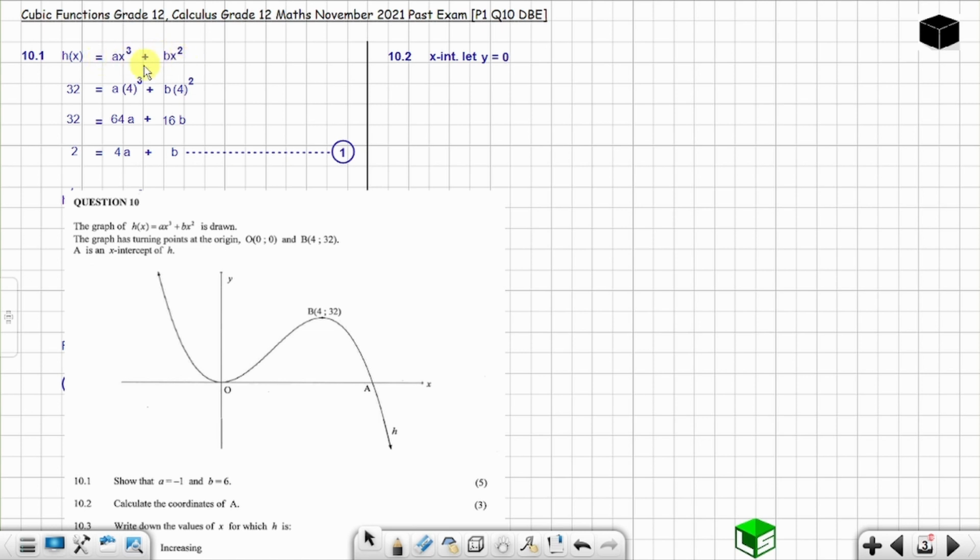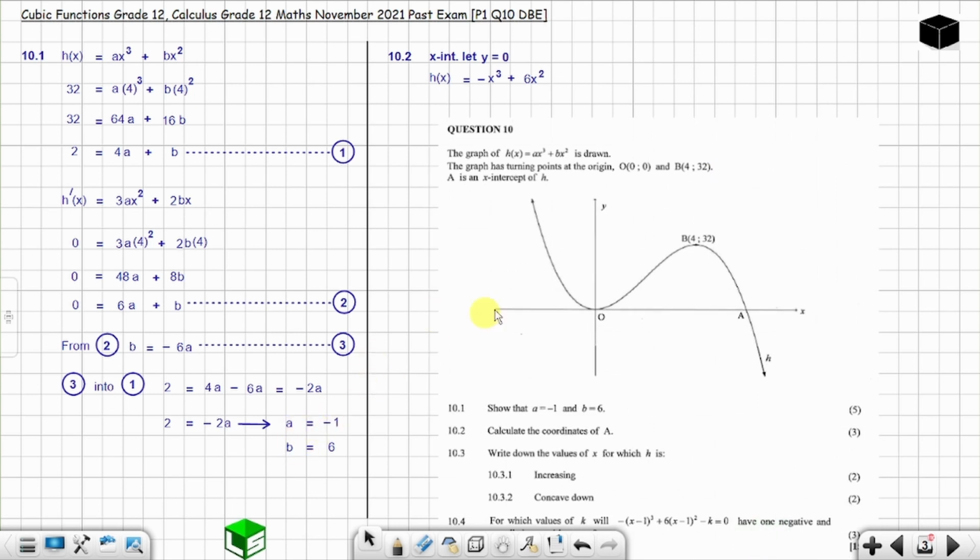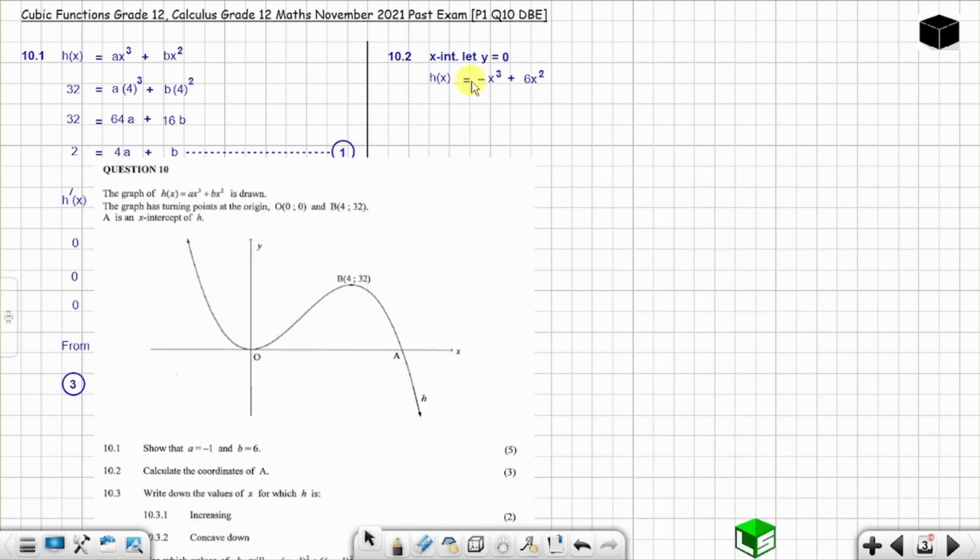Let's replace that. After replacing, a is negative 1 and b is 6. So you substitute your a and b. Now you have this equation. You can use this equation to get your x-intercept.